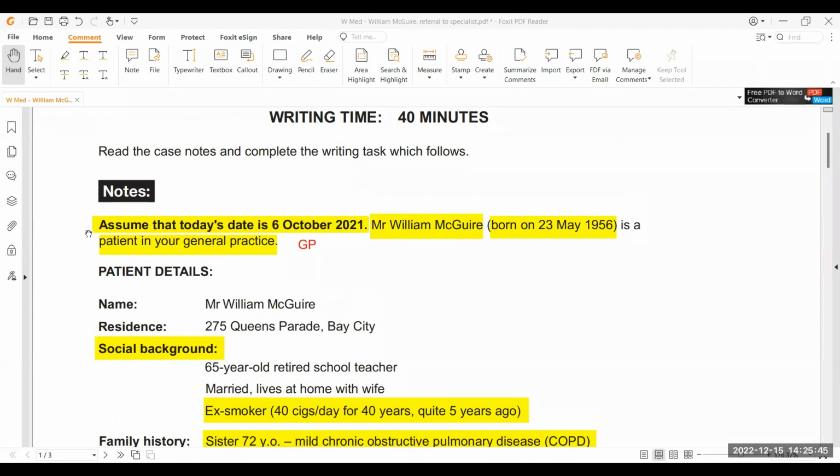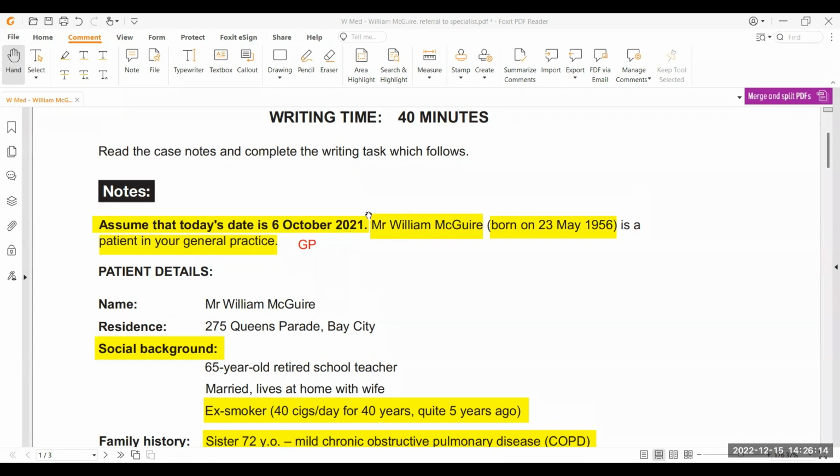In this example, the first information under notes tells us what today's date is supposed to be. We're assuming that today's date is the 6th of October 2021.